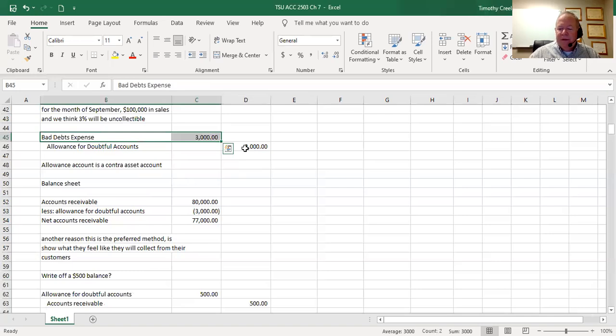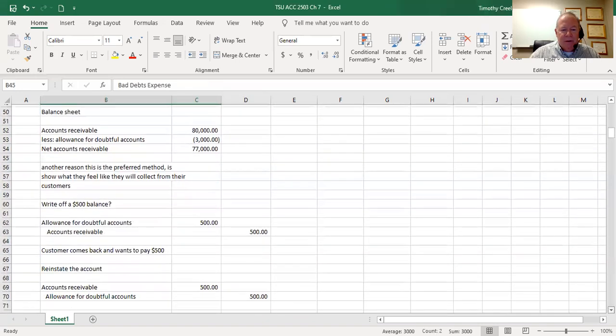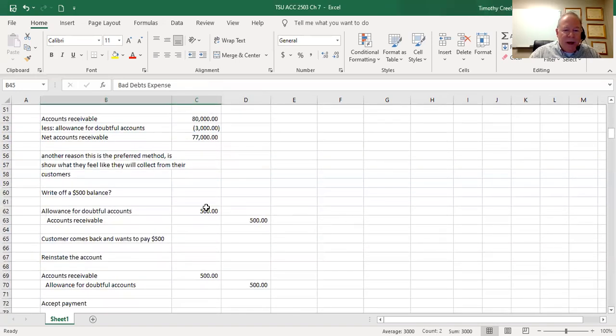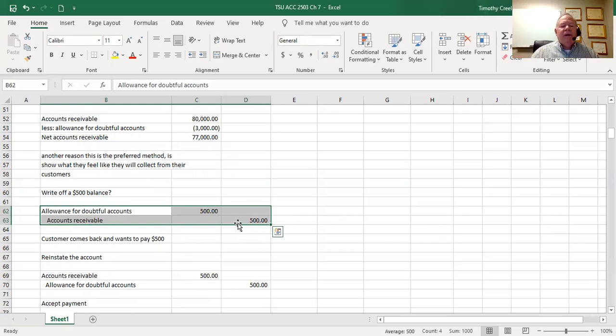That's all we've got to do in this case. And you'll see that down here. Again, when we're writing off the account, we're just taking it out of the allowance account because we've already recognized the bad debts expense when we made the adjusting entry.